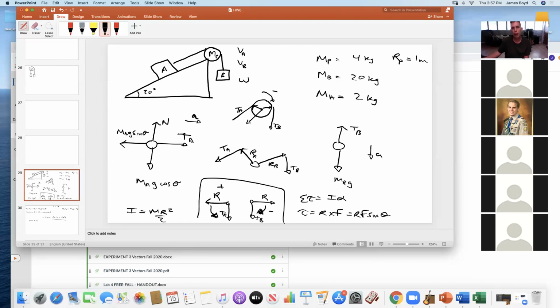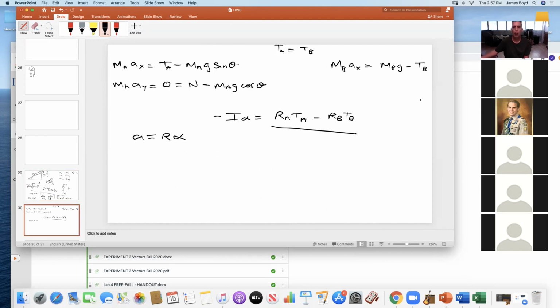We know that at this outer edge, A is equal to R alpha. For a circular disk spinning with alpha, at a distance R, A is equal to R alpha. So we can exchange alpha for A over R.